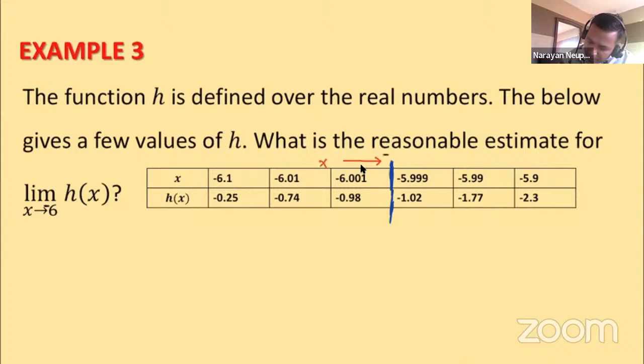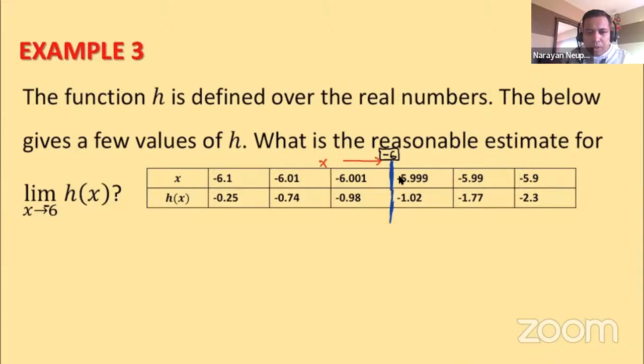So -6 can be here in the middle, right? -6.1, -6.01, -6.001, the next value, which will be very, very close after that, should be -6. You can see the same thing on the other side.